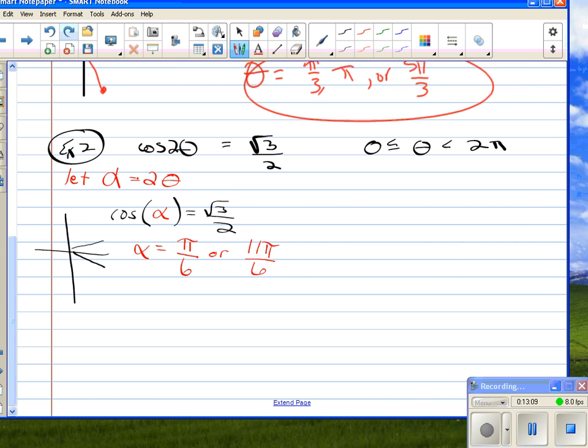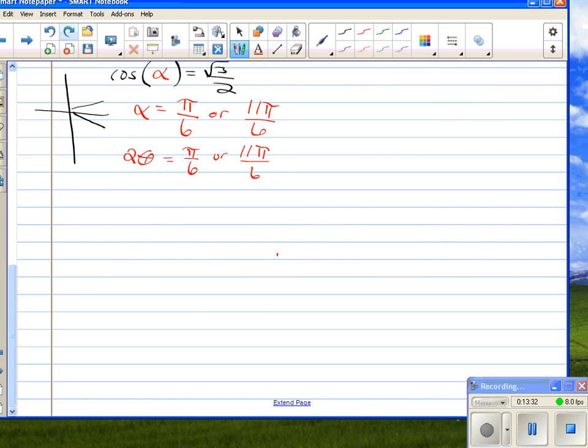Well, if alpha equals pi over 6, and we said that alpha was 2 theta, you guys okay with, I'm just going to replace that alpha with the 2 theta. I swapped it back. Okay, that's not too bad. Now I need to solve for theta. Well, how do I get theta by itself? Divide by 2. That's solving equation 101. Divide this guy by 2, that means I'm going to divide these guys by 2.